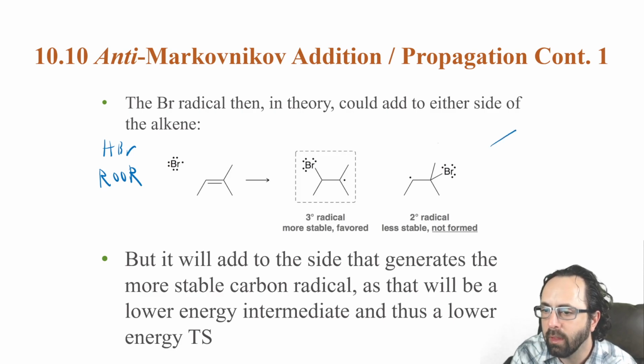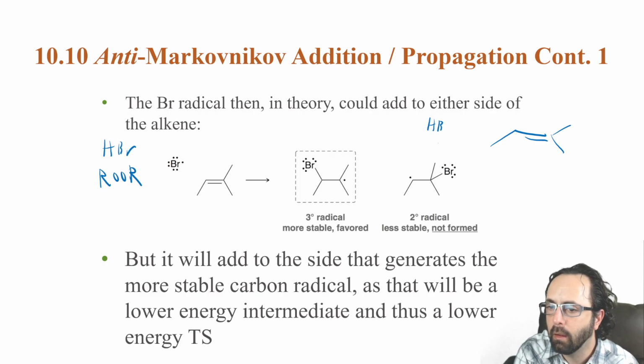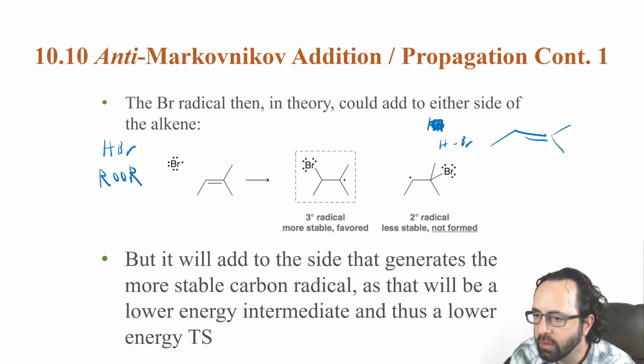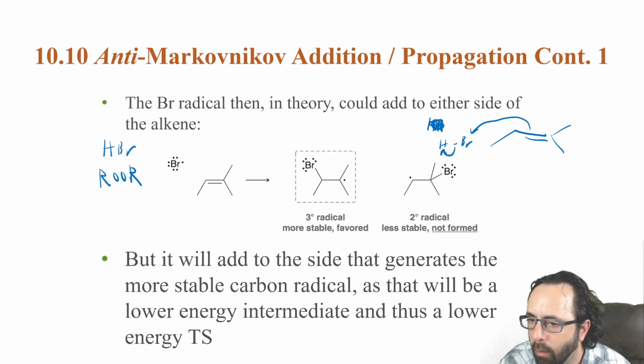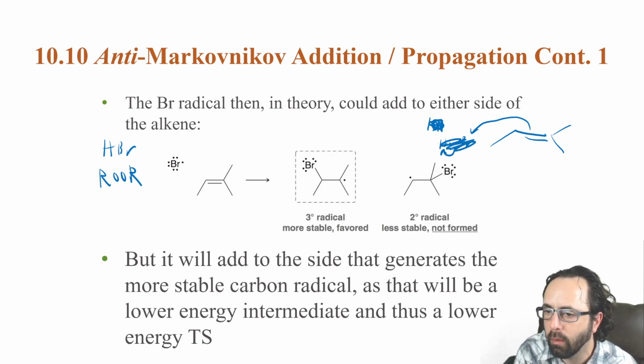If we were adding with HBr, like this, we've drawn a line HBr. What at first occurs is that we have the addition of the bromine instead, and we have here the, or rather the, I wrote that wrong. We have the nucleophilic attack on the hydrogen.